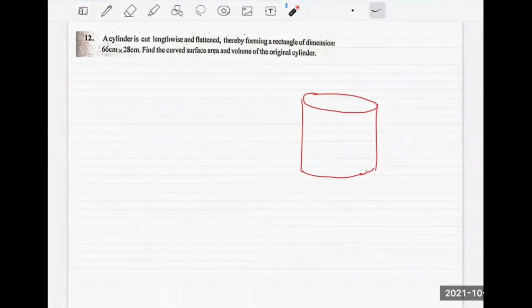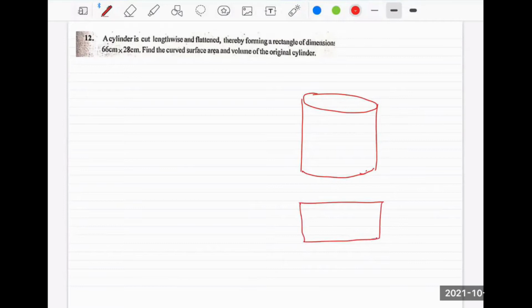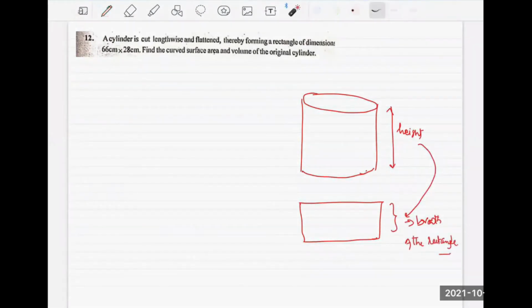Okay, let me repeat again. When you obtain a rectangle from a cylinder, you cut it lengthwise and then you obtain the rectangle. This height will be changed into the breadth of the rectangle. And this length right here is coming from this portion right here. What is this? This is the circumference, right?